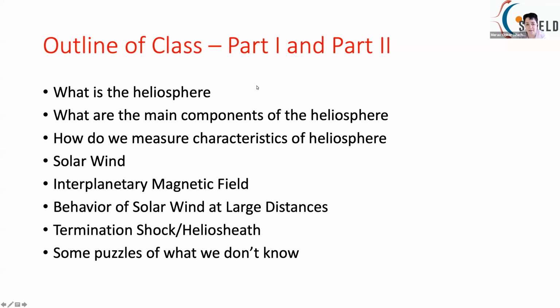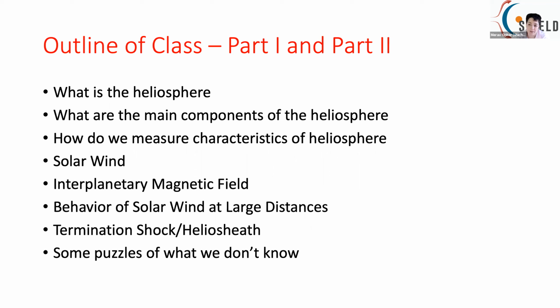Here is the outline of what I thought for part one. First of all, we discuss what we mean by heliosphere. What are the main components when you're introducing a subject, what are the main active ingredients when you're trying to cook up a heliosphere?